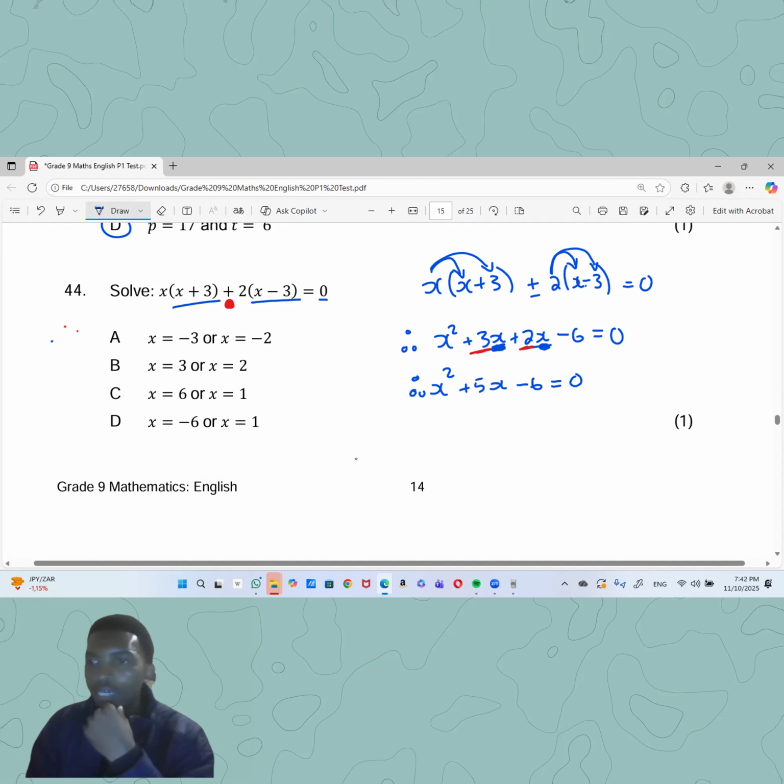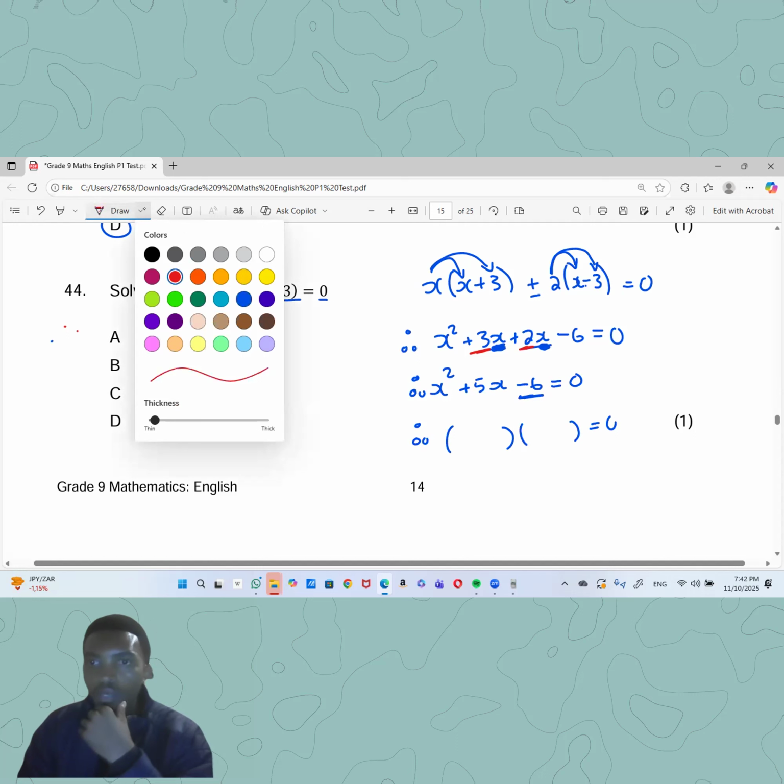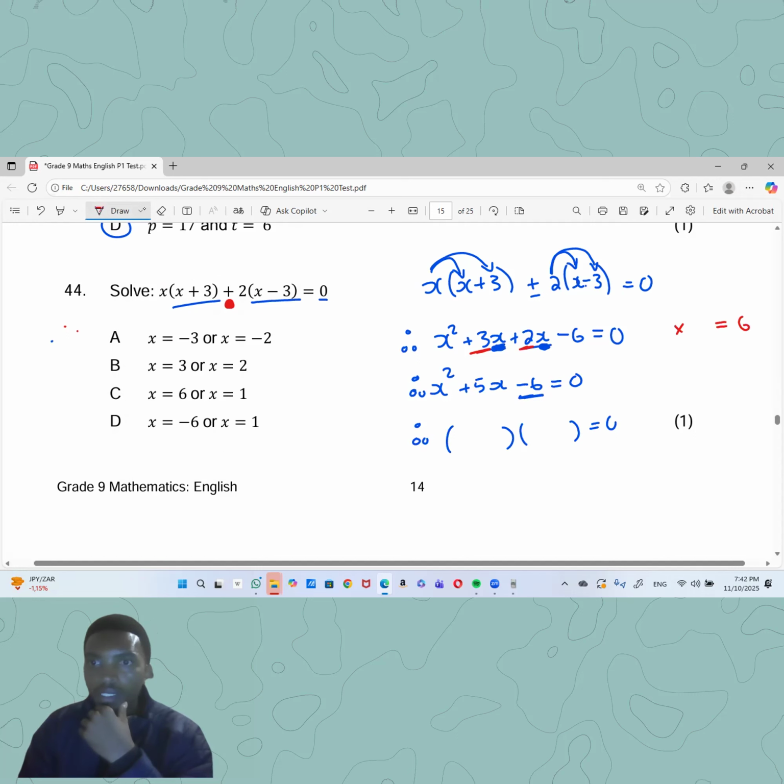Is this thing a trinomial here? Yes. So if it's a trinomial, what's the most important part? We focus on the constant, which is negative 6. So which two numbers, if we add them and multiply them? Negative 3 and positive 2. When you multiply them, they give us negative 6.